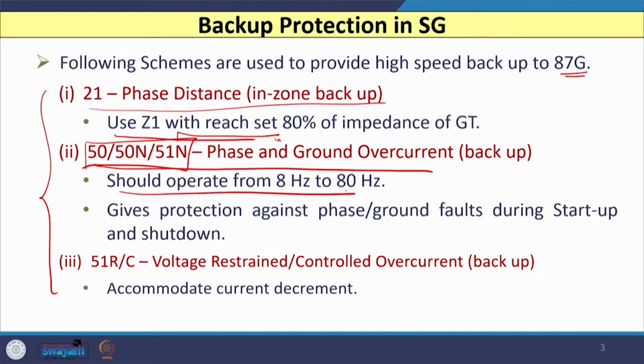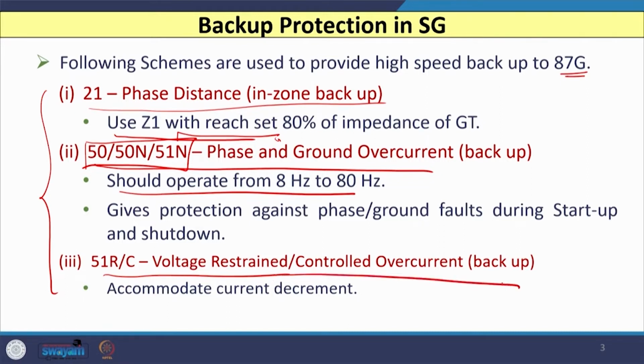In this case, this overcurrent relay, acting as a backup, will operate in the frequency range of 8 hertz to 80 hertz, and it also gives protection against phase or ground faults during starting and shutdown of the generator unit. So, this is also an important feature of the backup protection used in case of the failure of the conventional 87G unit. The third type of unit used is known as the voltage controlled overcurrent relay.